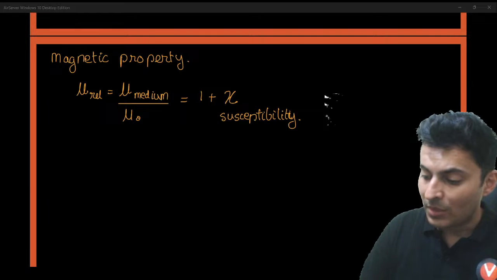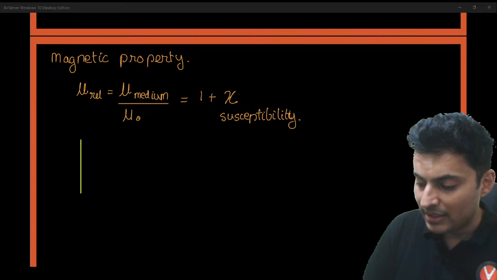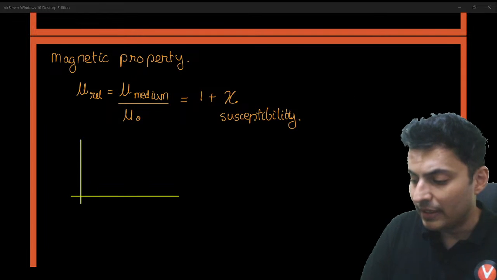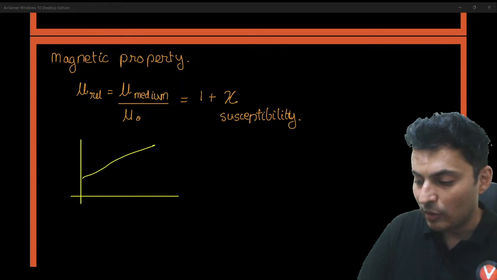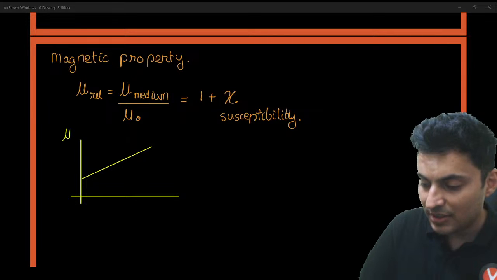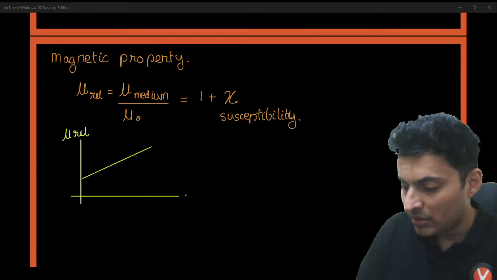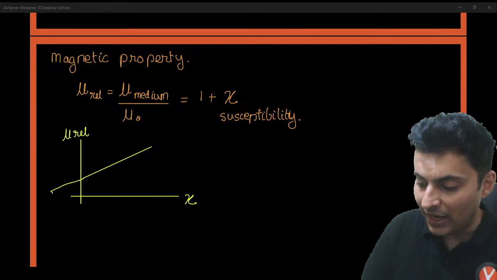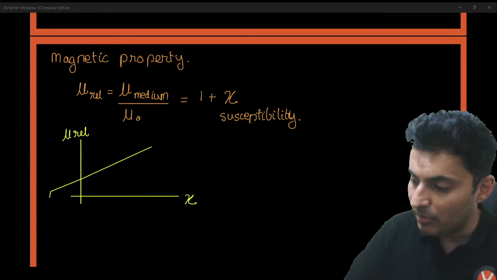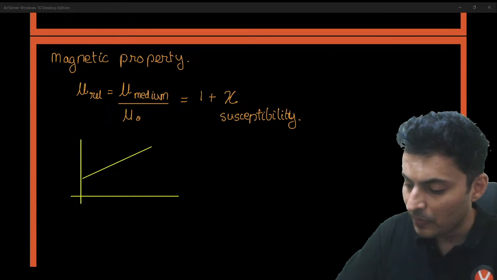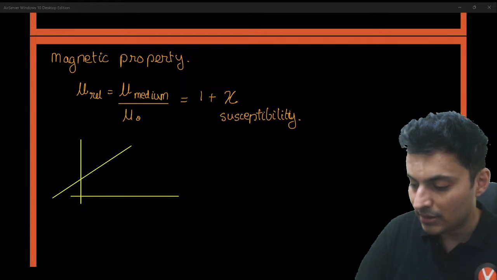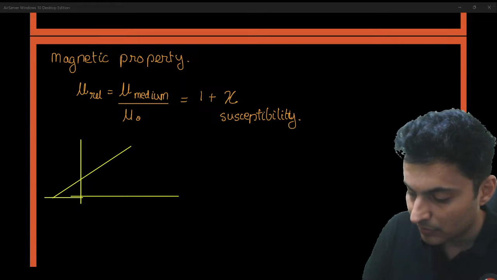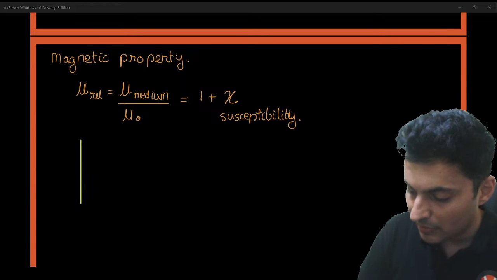You should know that the graph of relative permeability versus susceptibility will be 1 plus x. That means it will be something like this. If this is your relative permeability, this is your susceptibility. In fact, the graph even extends before as well.